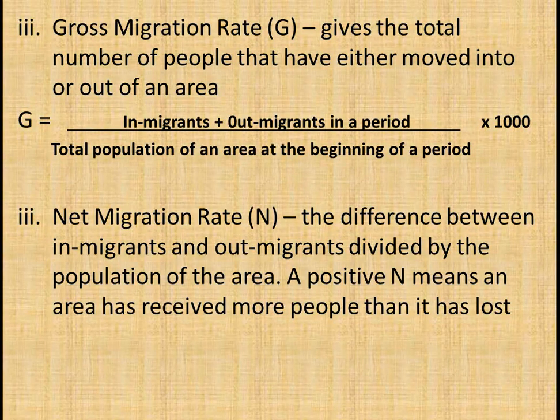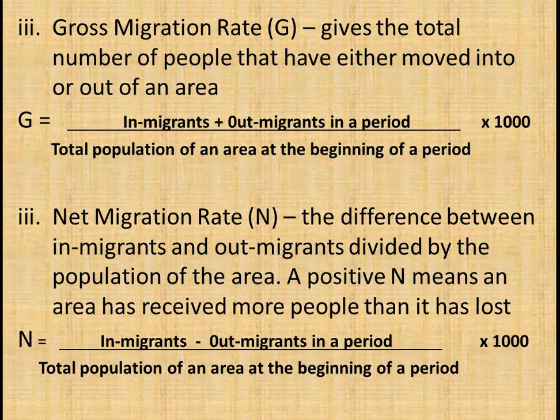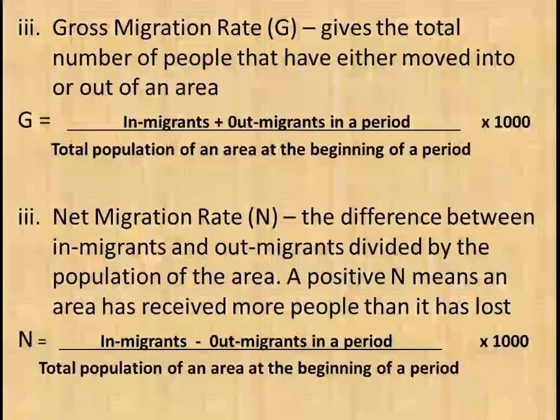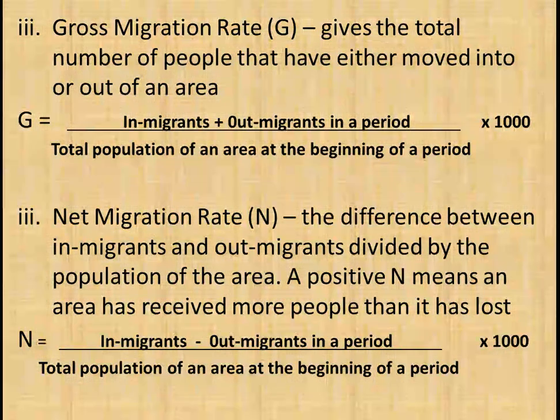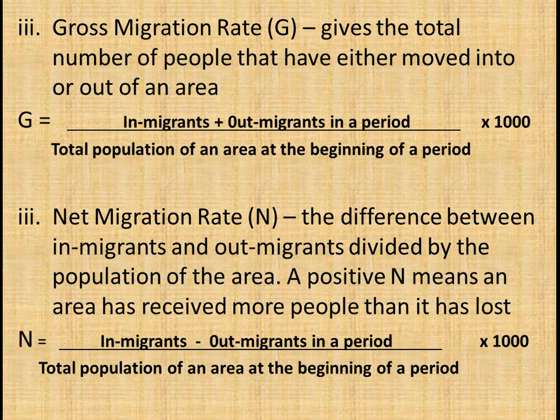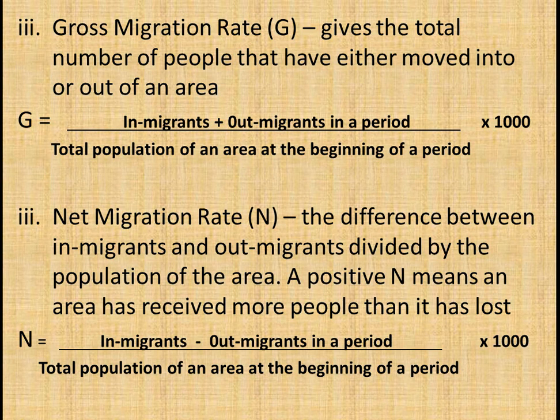A positive N means an area has received more people than it has lost, and the opposite is true when we have a negative N. So net migration rate is simply given by in-migrants minus out-migrants in a period divided by the total population of the area concerned, but it should be the total population at the beginning of a period.